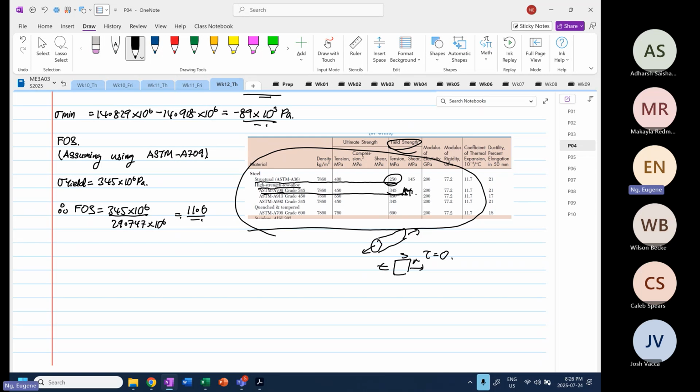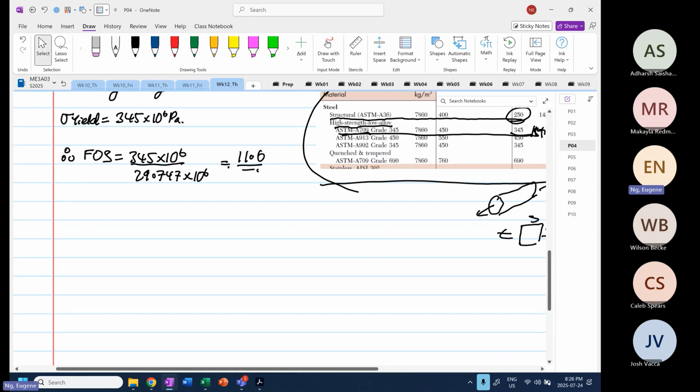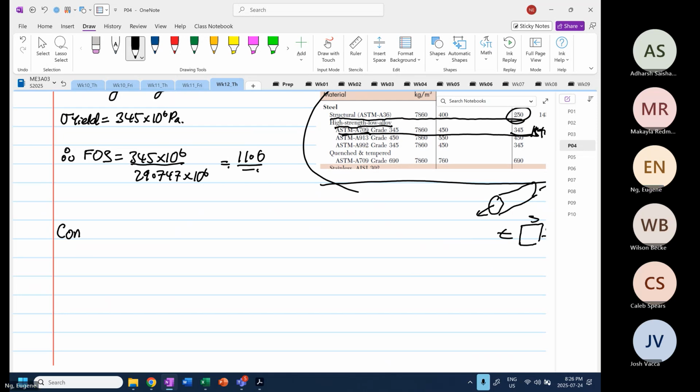Now that's not all. The next thing I'd like to do, I know I've done element A. Let's consider element B. Now, element B will be quicker.